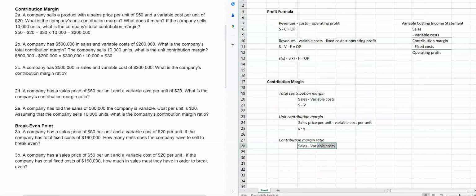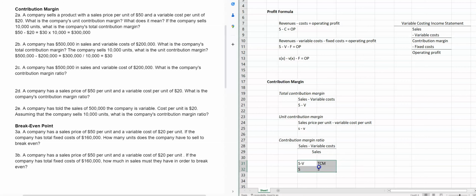If that looks familiar, that's the contribution margin, by the way. And that would be divided by our sales. If you need a little bit of a visual, S minus V divided by S. And this would be the same thing as if we said total contribution margin divided by sales.